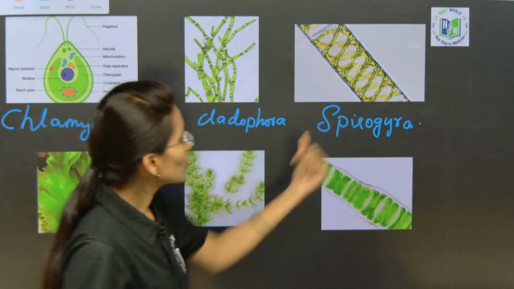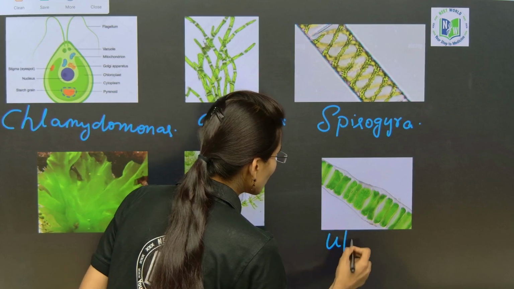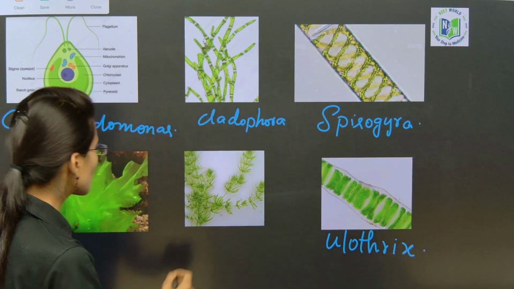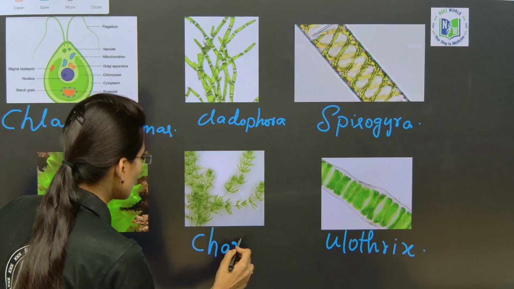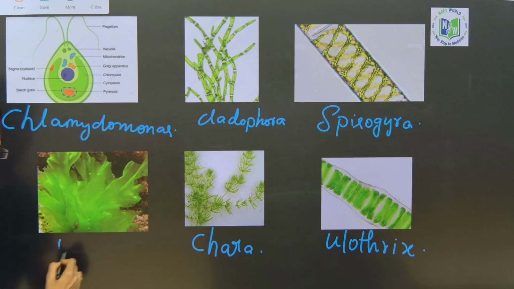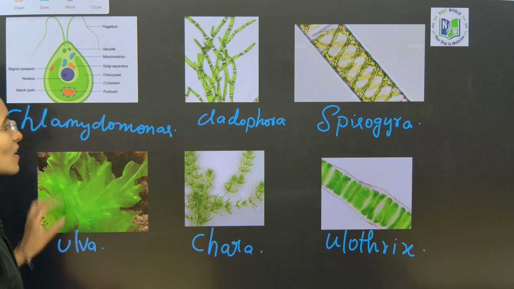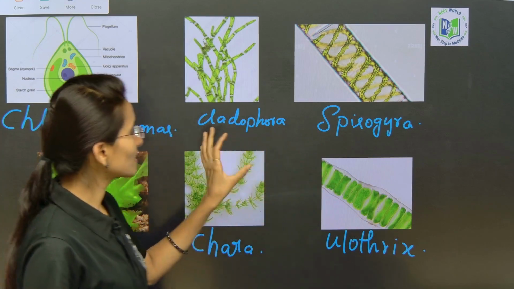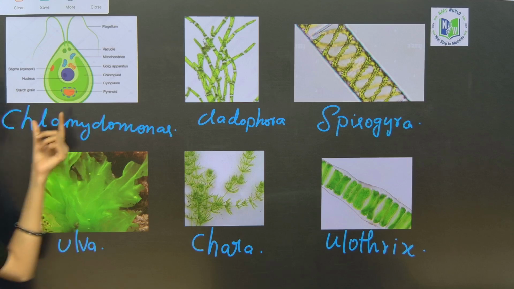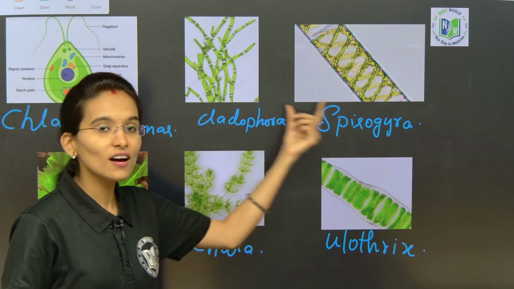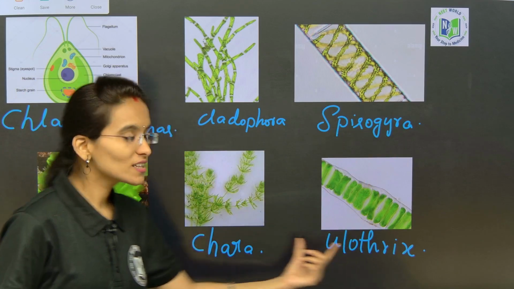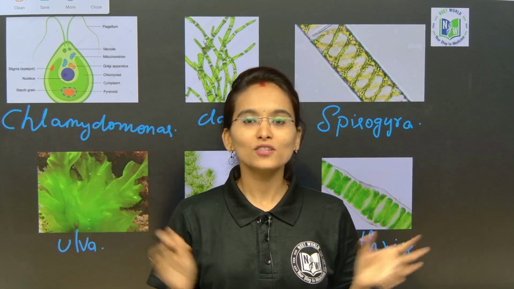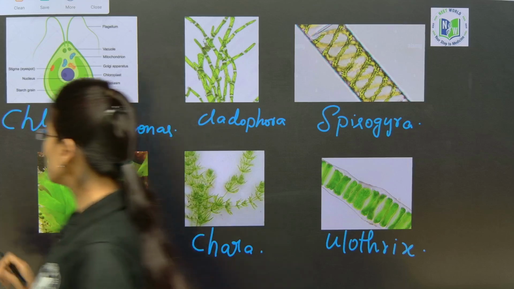Next one is Ulothrix, and it is Chara, and it is Ulva. So these are the important examples of your NCERT textbook: Chlamydomonas, which is unicellular algae, Cladophora, Spirogyra, Ulothrix, Chara and Ulva. These are the most important types of algal forms that you need to remember.